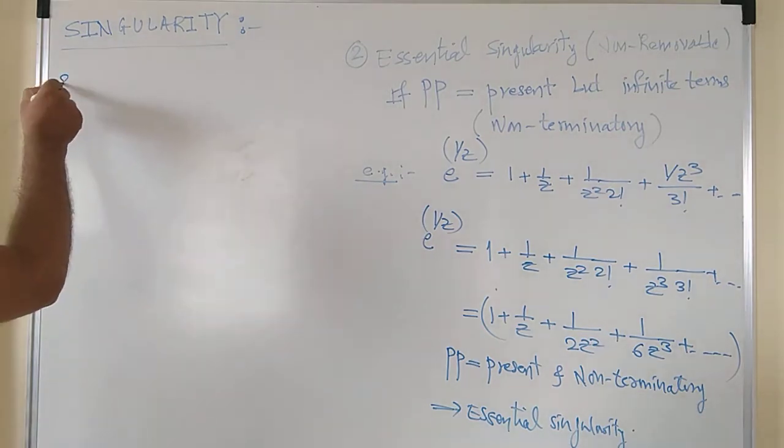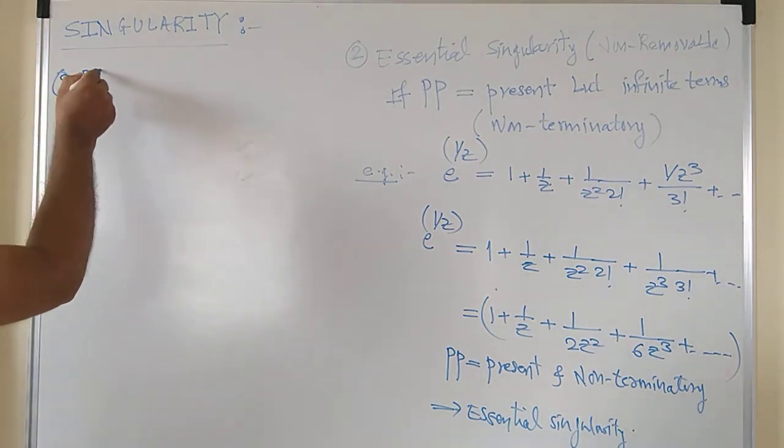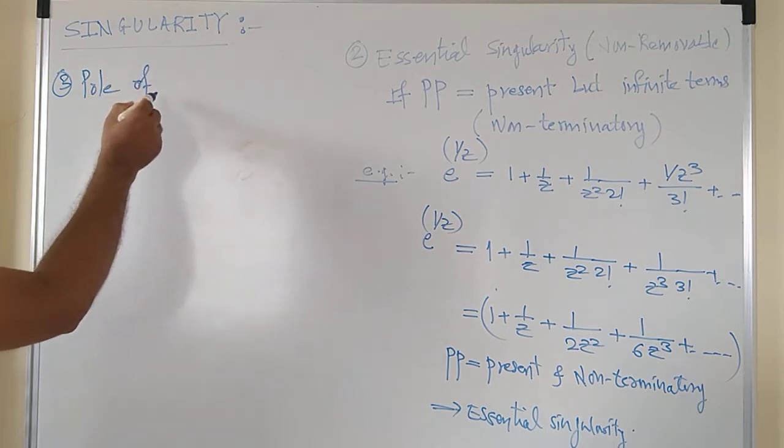So the third kind of singularity is pole of order.